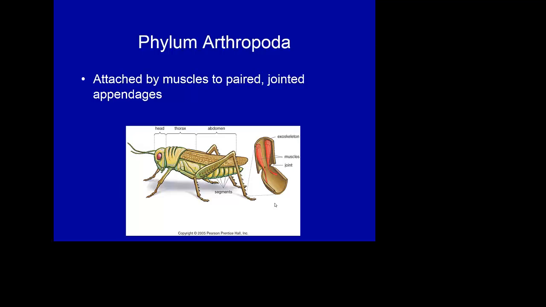The other cool thing that arthropods add are these appendages that actually have muscles. So these jointed appendages with paired muscle groups allow the arthropods higher levels of movement, and certainly for something like our grasshopper here, they can jump pretty far, right?